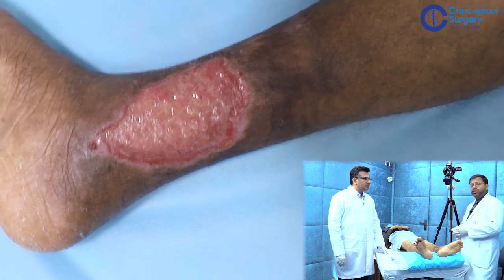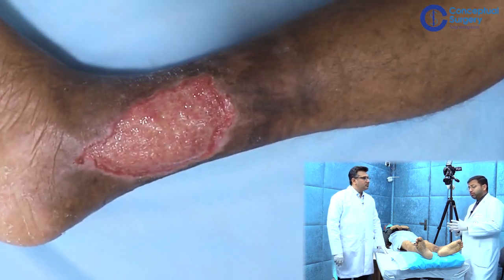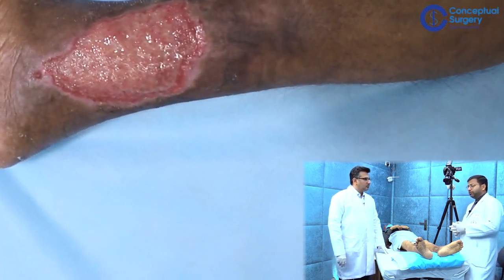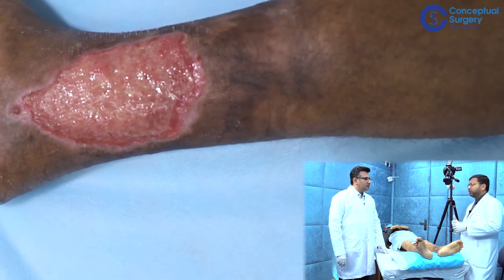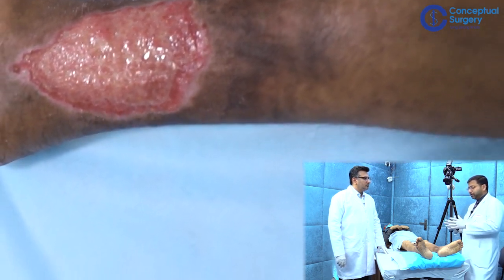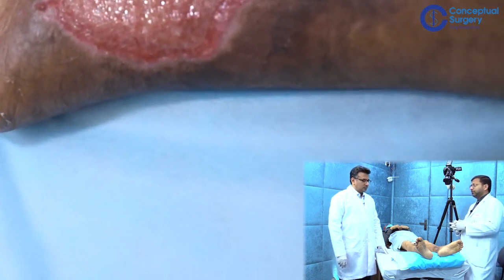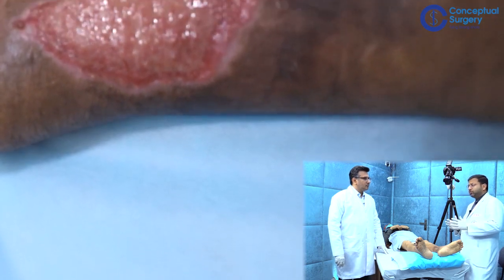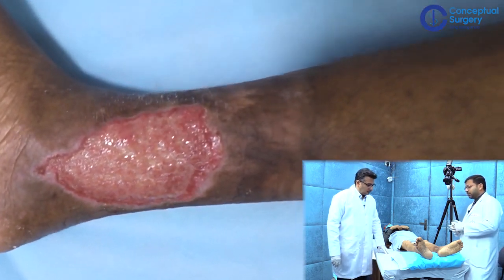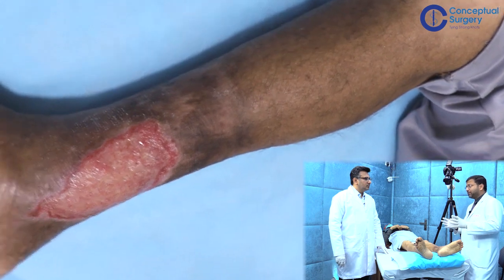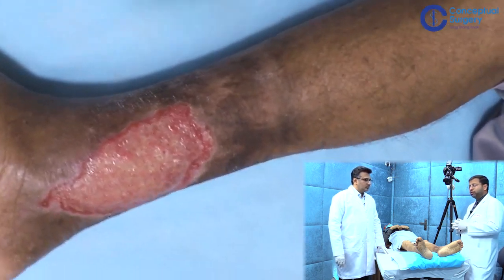Whenever we talk about any ulcer, we need to look at the ulcer per se. So we will inspect the ulcer, palpate the ulcer, and examine the different characteristics of the ulcer. After that, you go to the surrounding area and look at the surrounding skin changes.